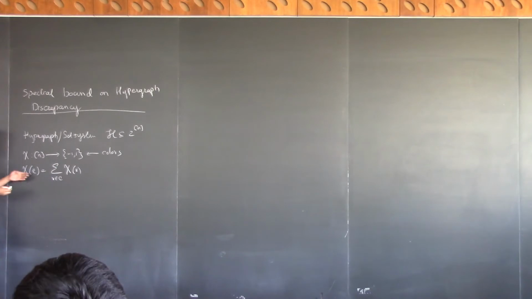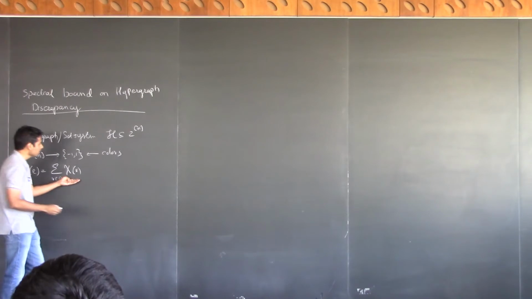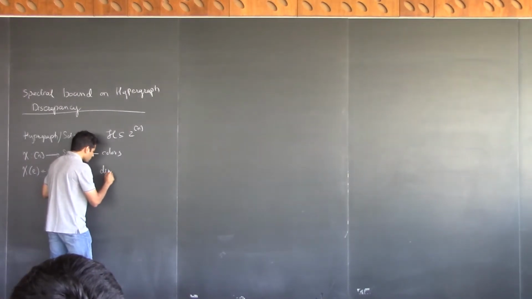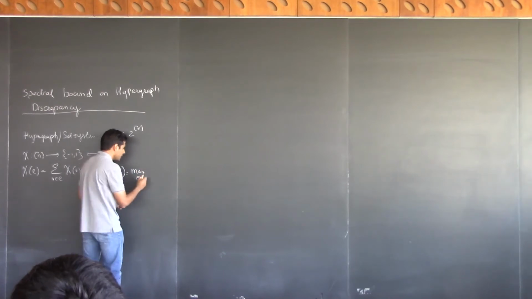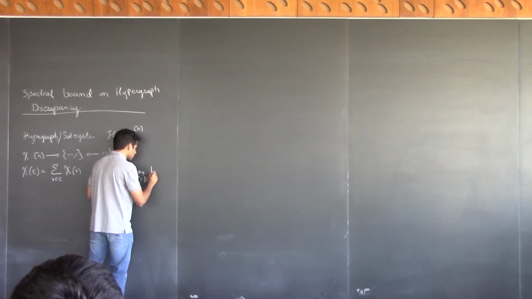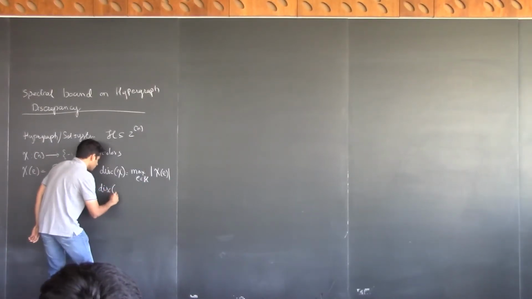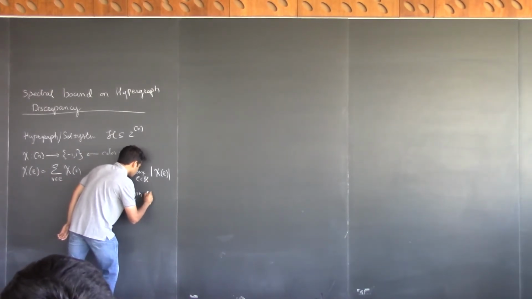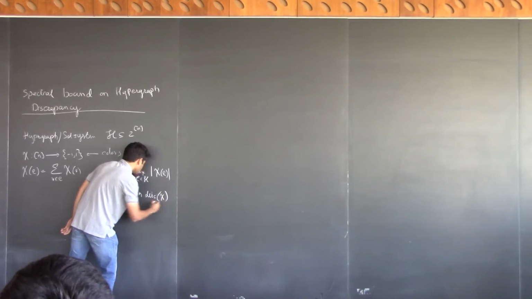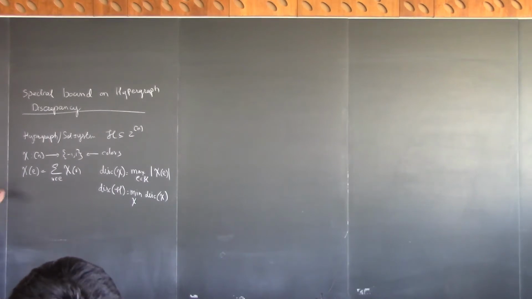The amount of imbalance between the colors of an edge is given by this quantity. The discrepancy of this coloring is the max over the edges, and the discrepancy of the hypergraph is the minimum discrepancy that any coloring can achieve. Any questions so far? So this is the usual combinatorial hypergraph discrepancy.